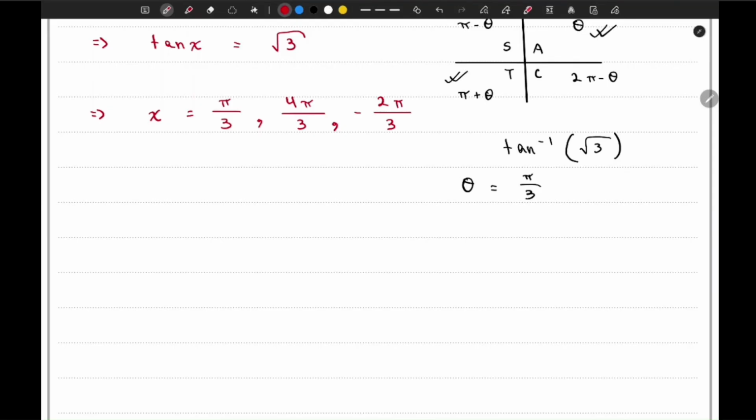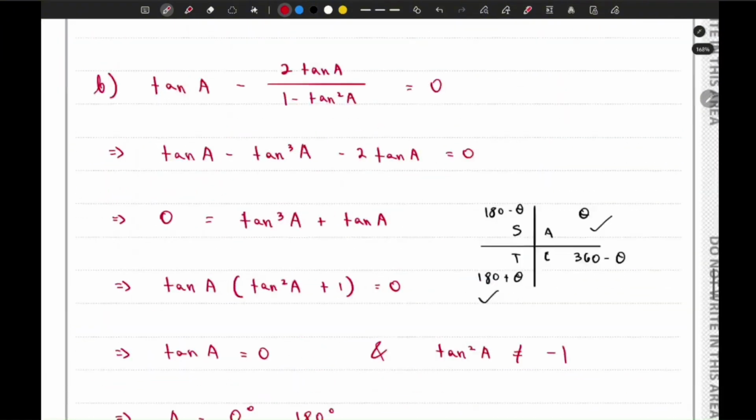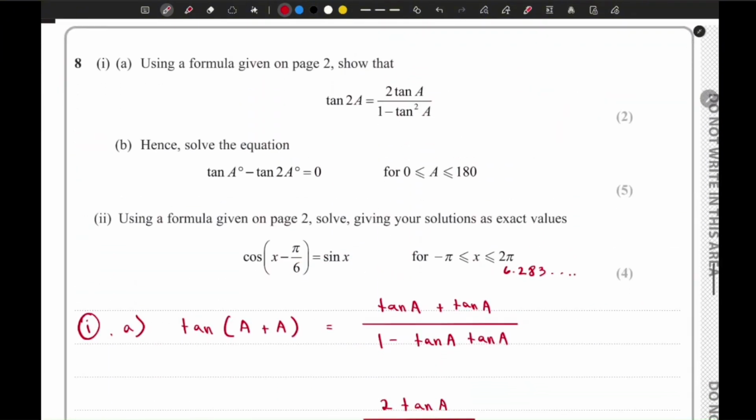And if we subtract 2 pi from this solution, this gives us a value of negative 5 pi by 3, which is not in range. So these are the only 3 solutions. And that is the answer for question 8.